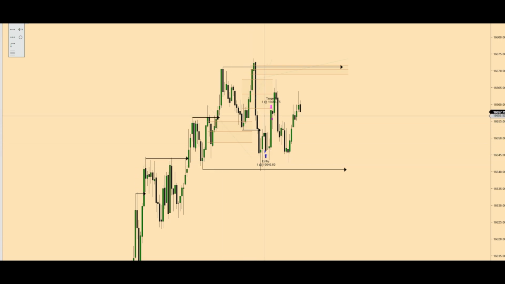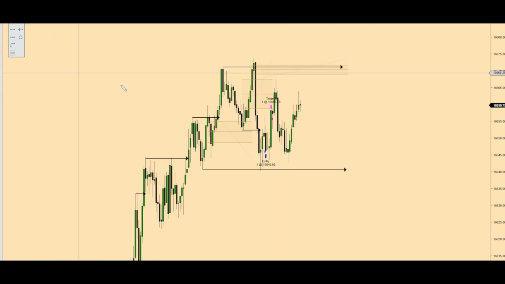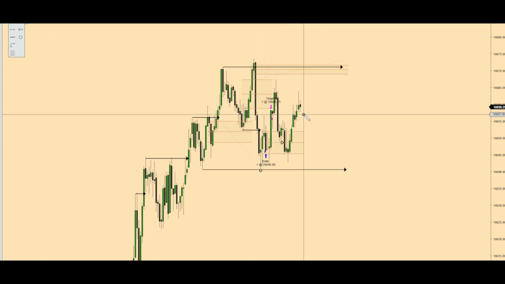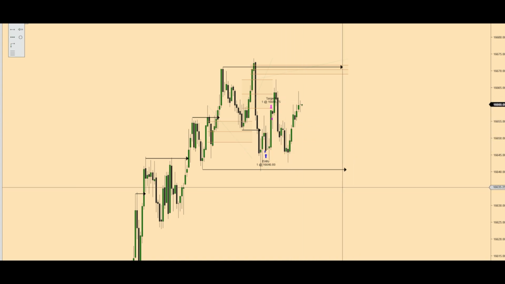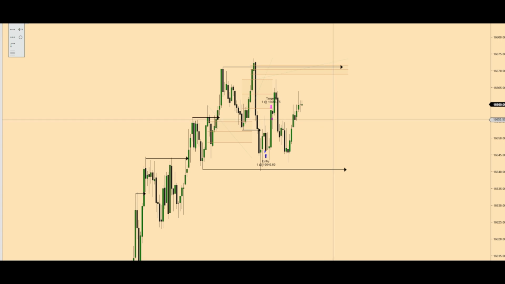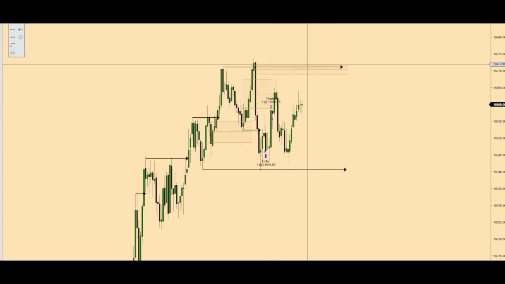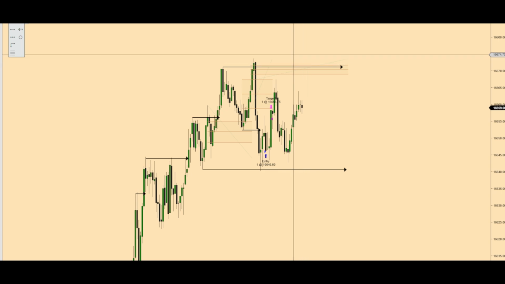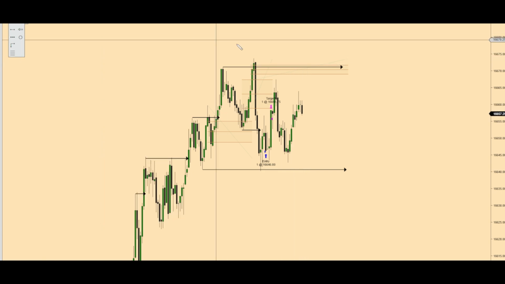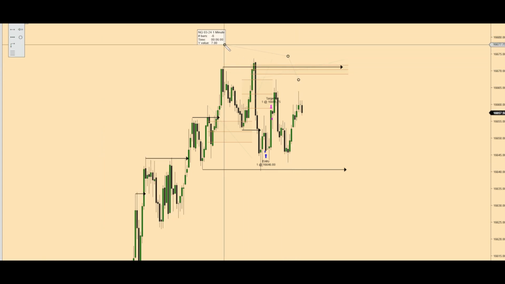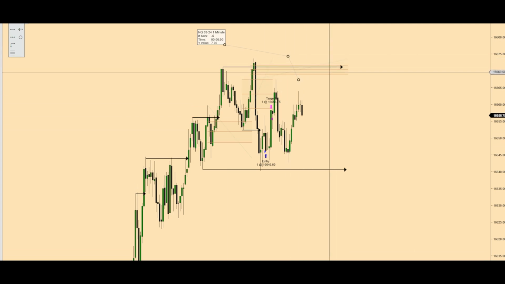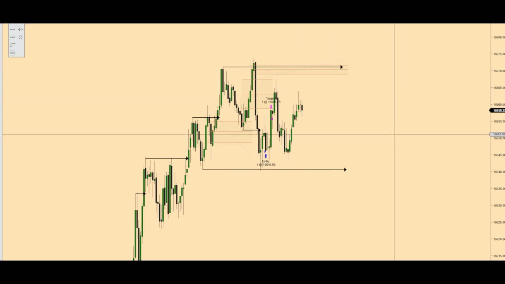So this double bottom, come back into the double bottom. Sweep this, come up into here, stop above the zone. 7 points.